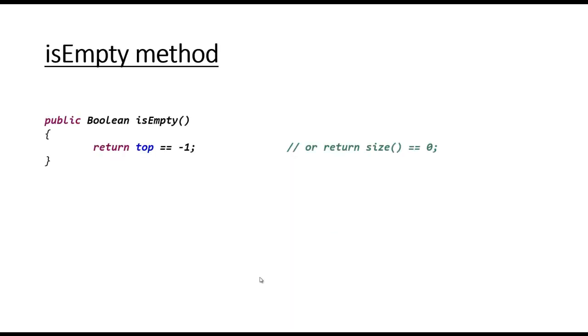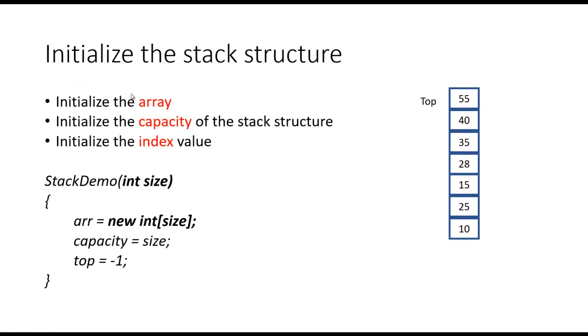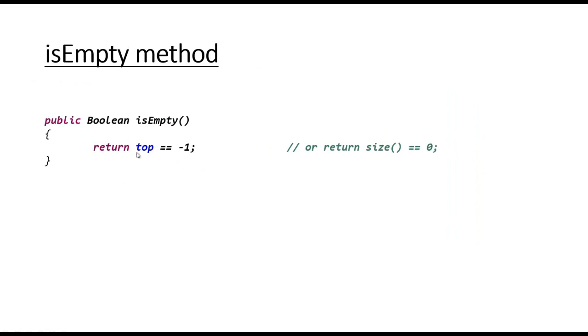After this pop method, we have a method called isEmpty. This method will tell whether there is any element in that stack or not. At initialization time, what we have done is initialize our data structure or the array with the top value -1. So I check the condition: if top is equal to -1, and this condition is satisfied, it means that we have not put any element into that stack.